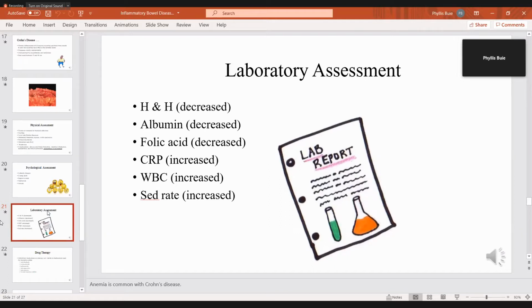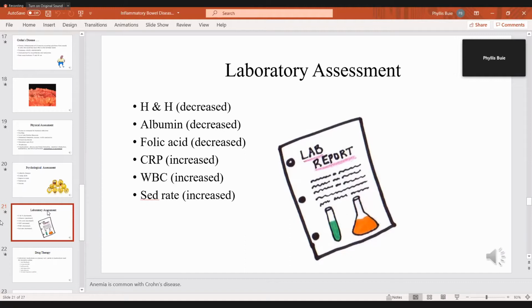So let's look at the lab work. As you can see, the lab work is very similar to the other disease process that we studied about. Hemoglobin and hematocrit may be low. Albumin may be low because of the decreased protein intake, or maybe the protein that's lost in the stool. Folic acid may be decreased.